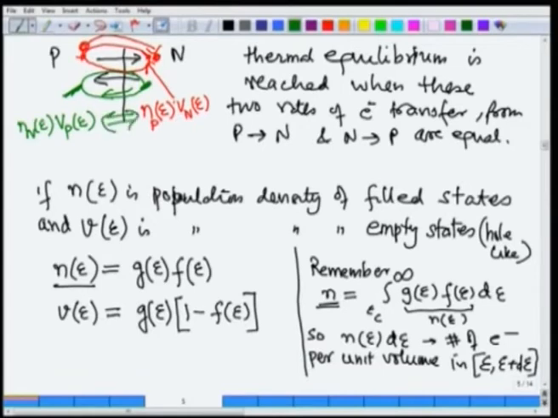These two quantities must become equal, then only we will have equilibrium. So, let us see what will happen in this case. Let me write this a little more nicely: n of energy E on the p side should become equal to n of E on the n side when in thermal equilibrium.